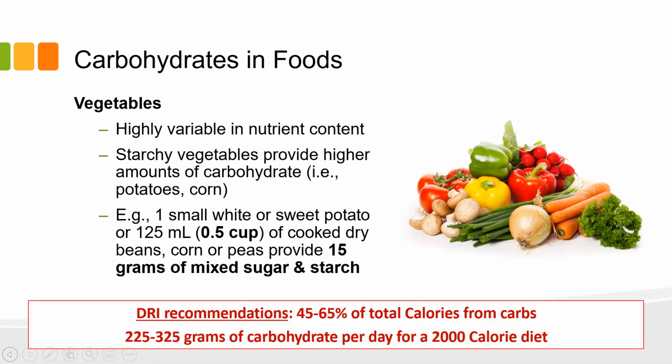Something like celery or broccoli has a lot more starch and fiber in it and so on. You have to kind of look those things up, but these are the things we're trying to get more in our diet. And most people are not spiking their glucose in their blood from eating too much fruit. It's pretty hard to do. Maybe if you ate an entire bag of cherries, that might do it. Most people can't eat that much fruit and spike the blood glucose a lot by eating natural foods anyway.